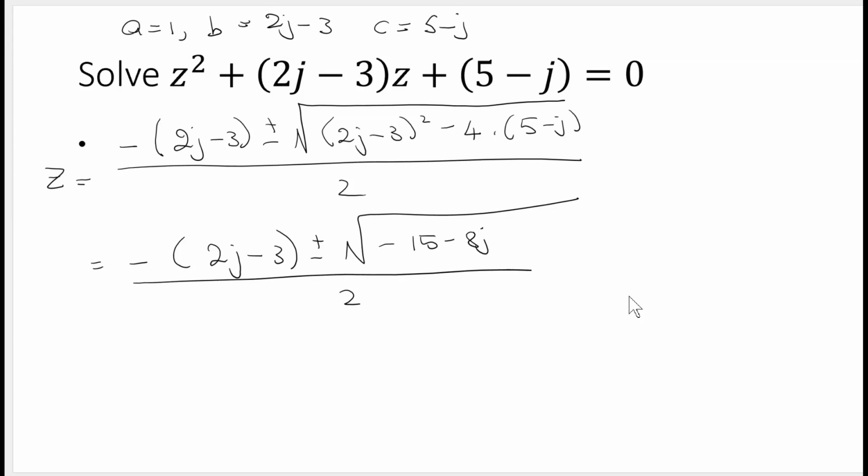Now, this has got the same kind of idea as we've had before. We've got 2 square roots, so it's plus or minus. It's not quite, but it's that idea. So we need to find the square root first of that negative 15 minus 8j.